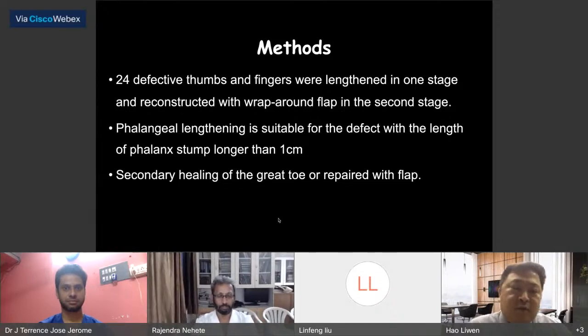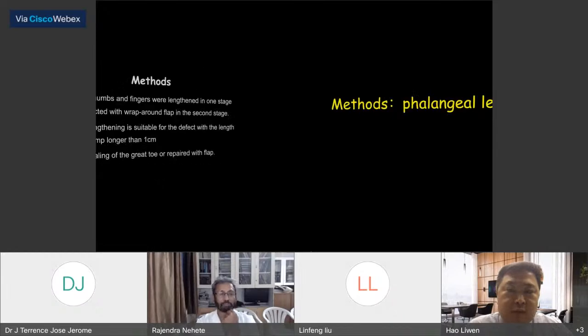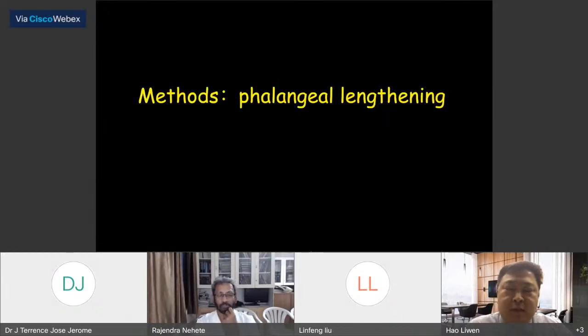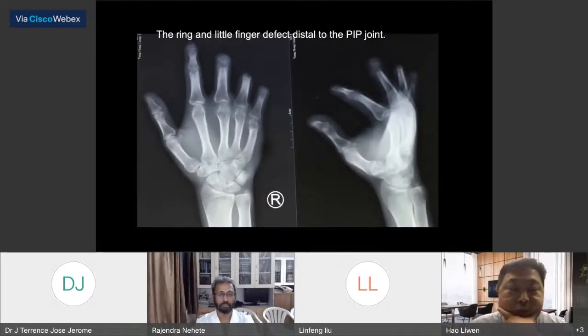Phalange lengthening is suitable for defects where the length of the phalanx stem is longer than 1 centimeter. And this is a method of phalangeal lengthening, for the ring finger and the little finger defect from the defect to the PIP joint.